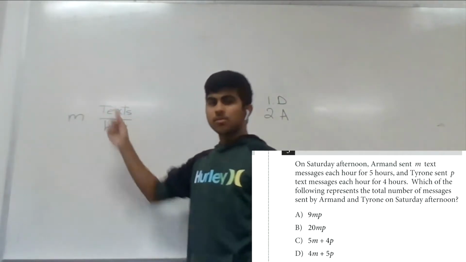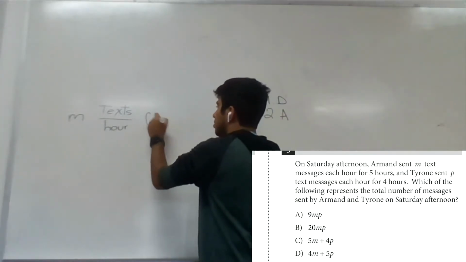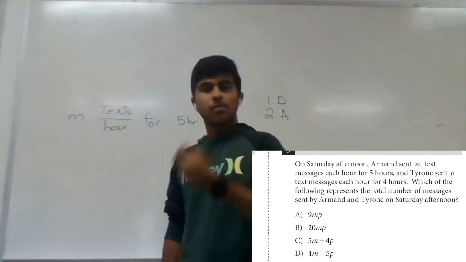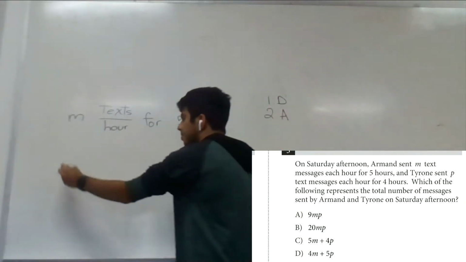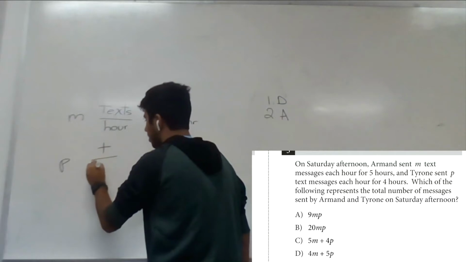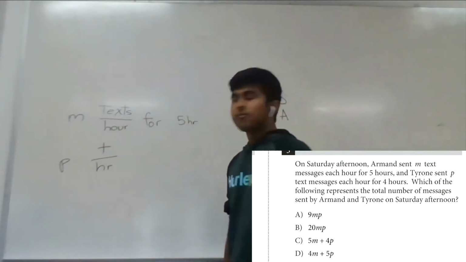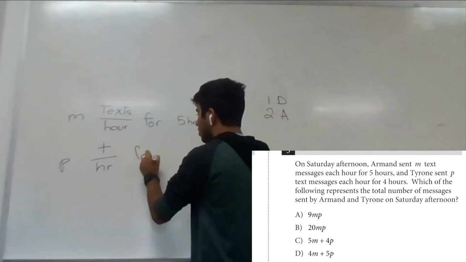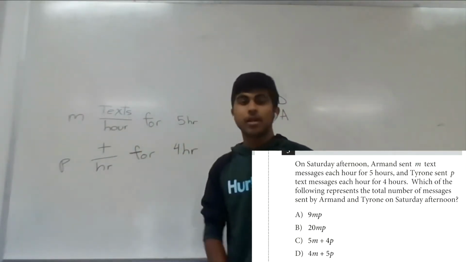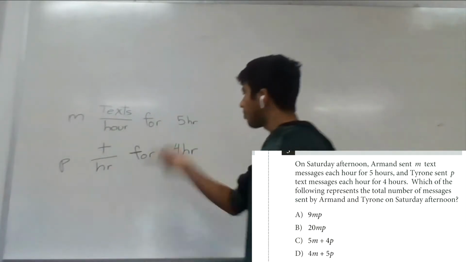He sent m texts in 1 hour, so it's m texts per hour, for 5 hours. And Tyrone, he's sending p texts per hour for 4 hours, and we want to find the total number of messages that were sent on that Saturday afternoon.